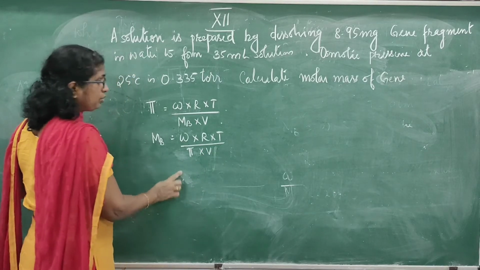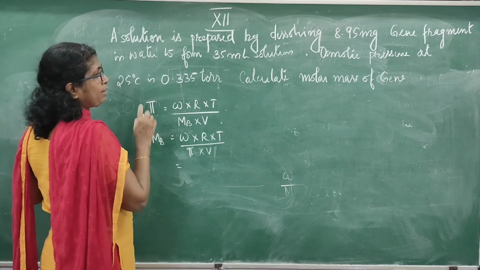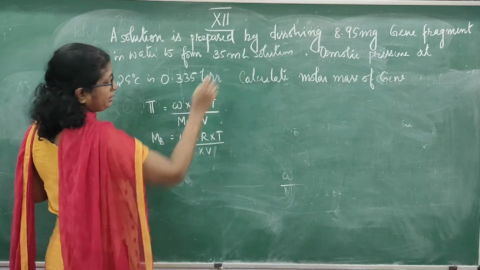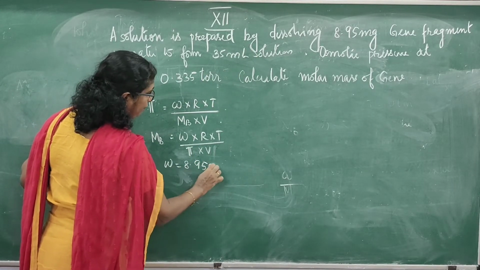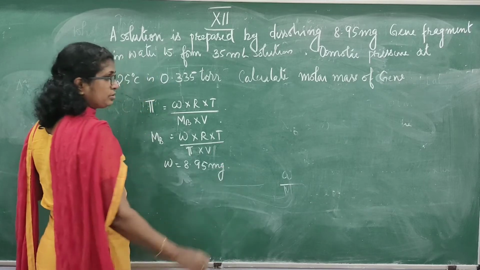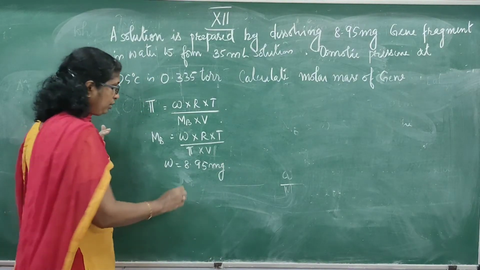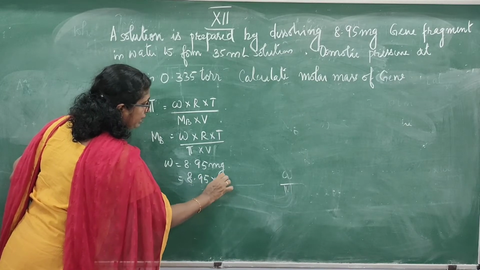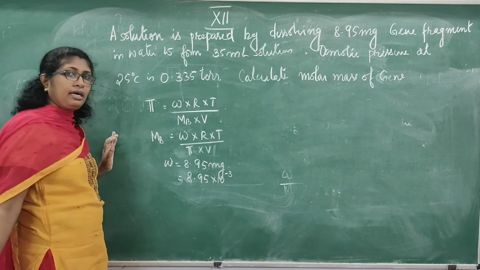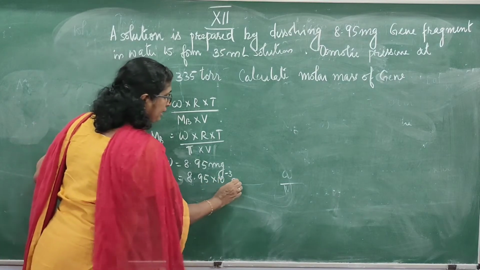Now what is w? The mass of the solute. How much is it? w is equal to 8.95 milligram. So you will have to convert it into gram. How will you convert? 8.95 into 10 raised to minus 3. That is the mass, it will become gram now.